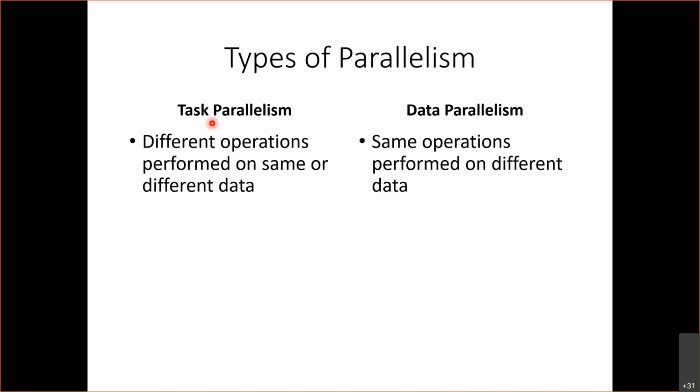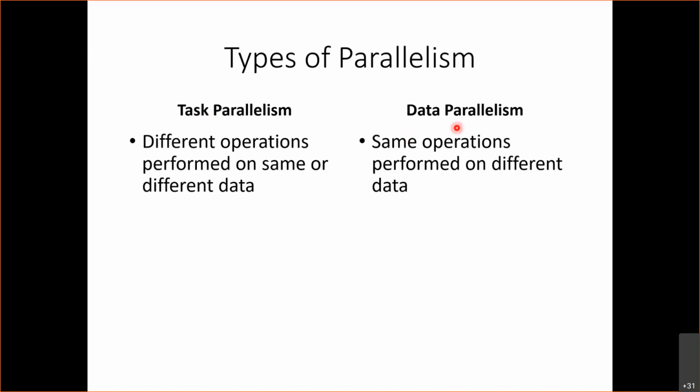So the spell checker can run in parallel with your text editing. That's an example of task parallelism. You have two different tasks. These tasks do different operations, and these different operations may be done on the same data or on different data, but they're different operations. So this is referred to as task parallelism.